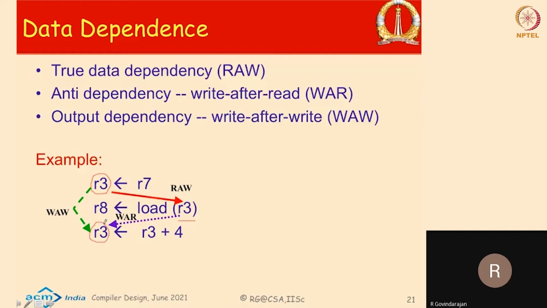For example, if you allow the third instruction to do the write first and then allow the first instruction to do the write, then obviously there would be a problem, because subsequent instructions over here, which are expected to use the value of R3 computed using this, may miss that and may just use the value of R7, which is wrong, right? So this dependency is what is called write after write dependency. We will focus more on the read after write dependency and how that would introduce stalls in our pipeline.